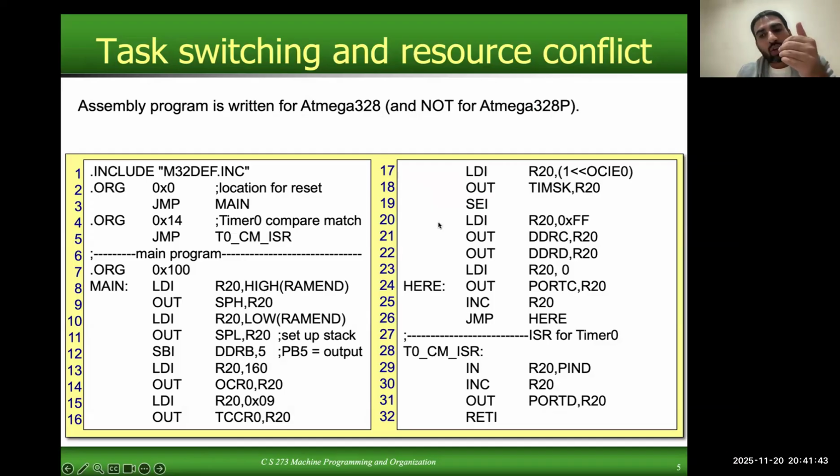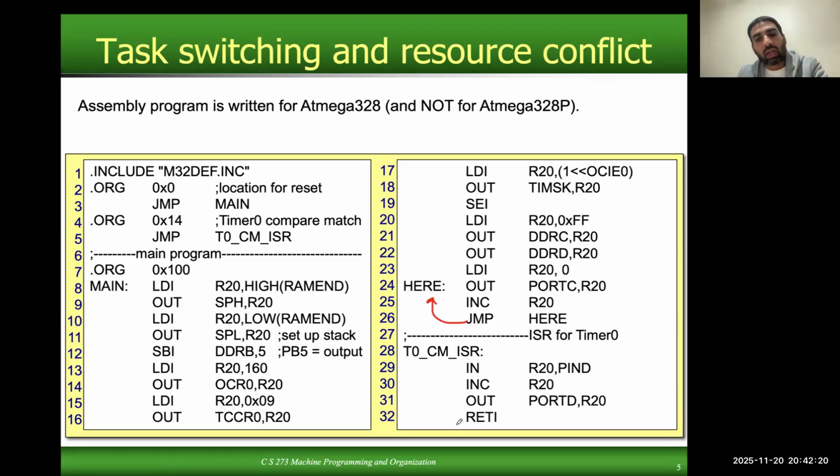On port C, we want to send the values in incrementing order like 0, 1, 2, 3, and also we want to set values on port D in incrementing order. However, the values which we are sending out on port C are sent in the main code, where we run the loop to increment the value of R20 every time and send it to port C. And the values which we send on port D, we send by handling the timer 0 output compare interrupt.